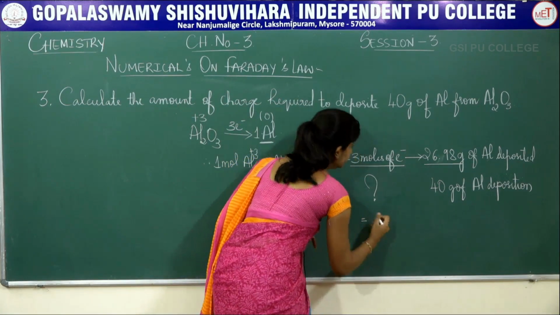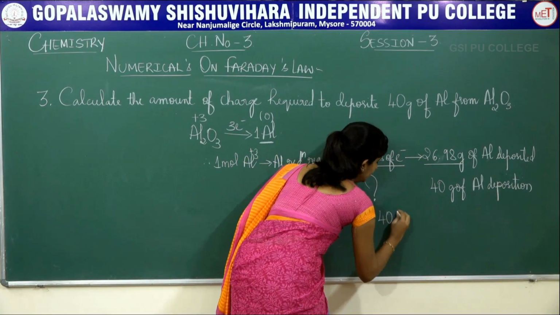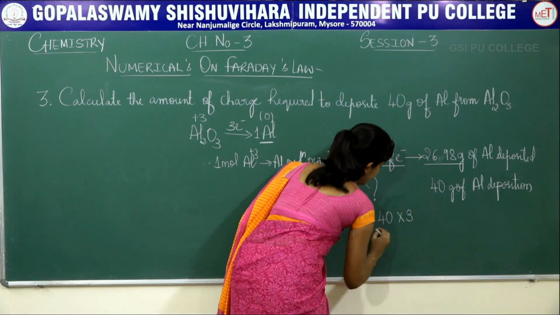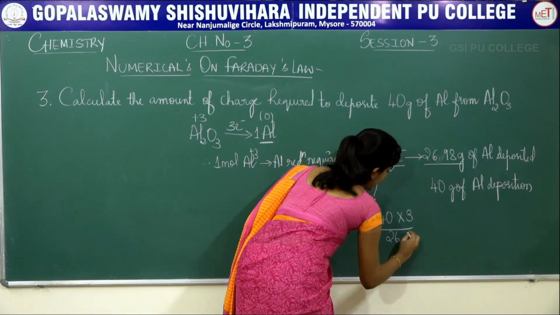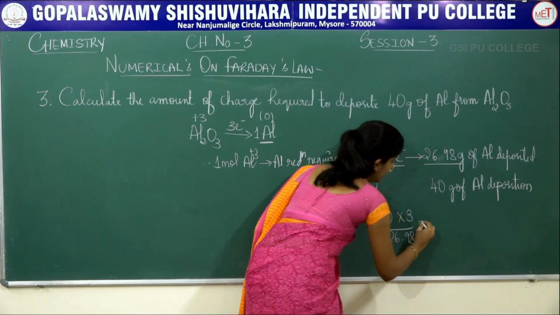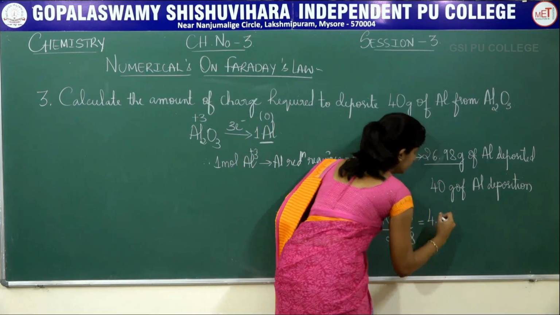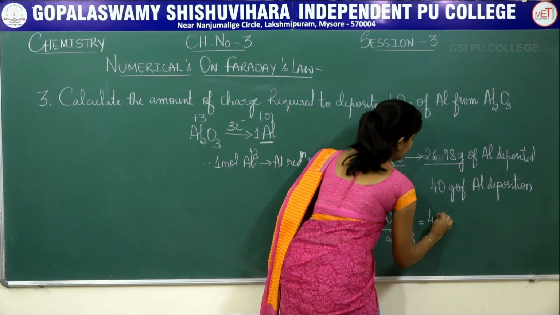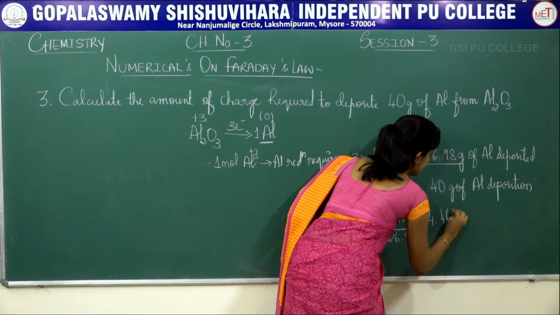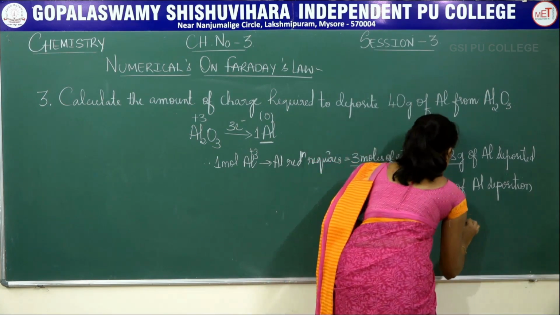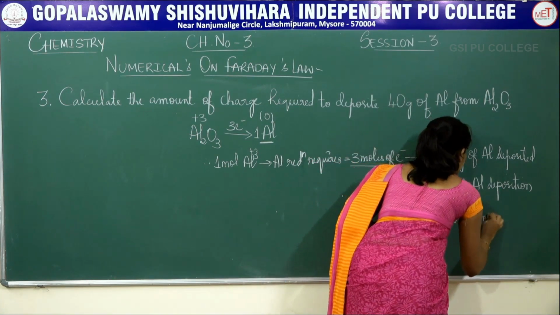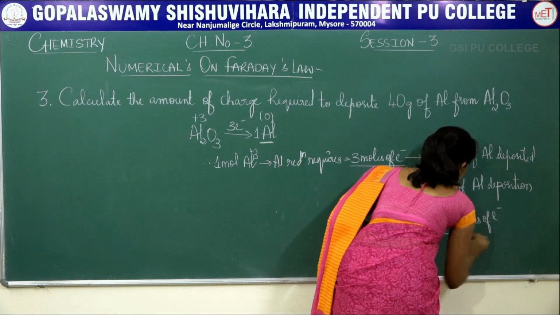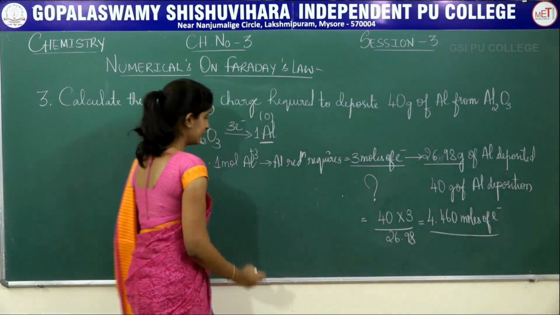So what is this? This is equal to 40 into 3 divided by 26.98. That will be equal to 4.460 moles of electrons. So these many moles of electrons are required.